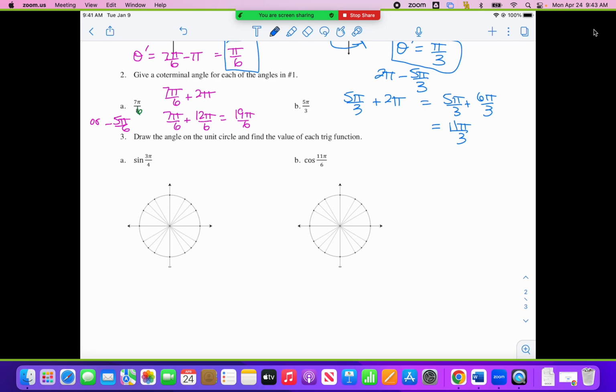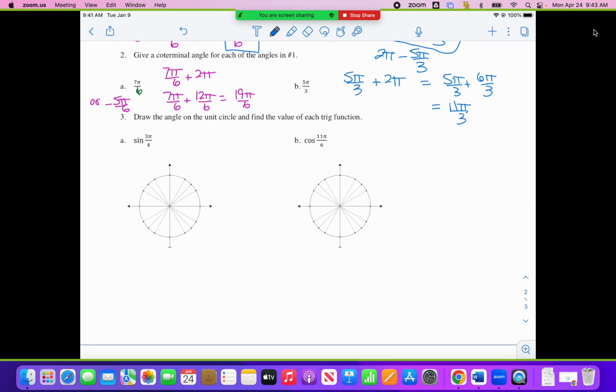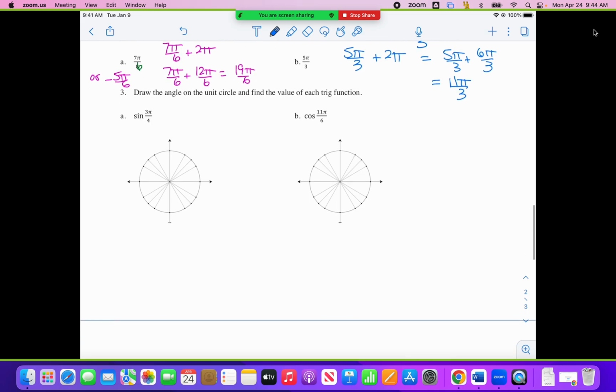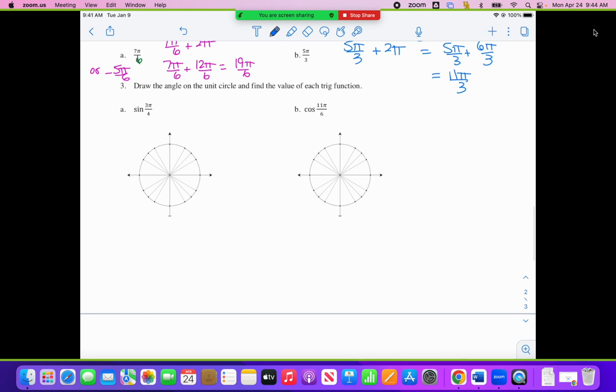All right, then the last two here, it says draw the angle, and then we're going to find the exact value of the trig function. So this is cool. We're going to make a beautiful connection, and this is going to end up helping you for your unit circle quiz. It's all in degrees today, but we're going to end up really doing these in degrees. So 3 pi over 4.